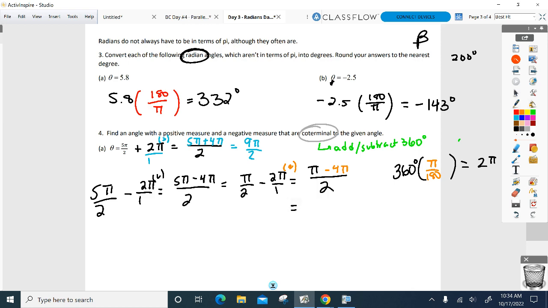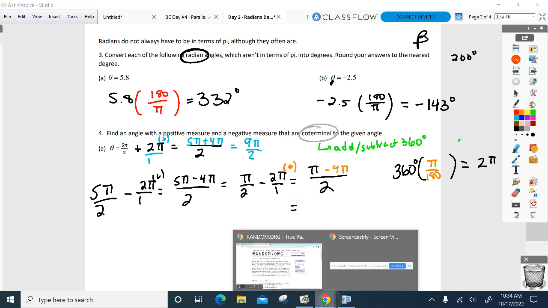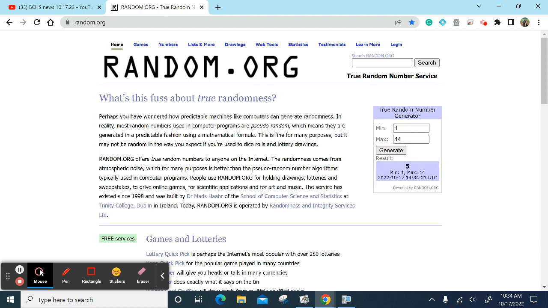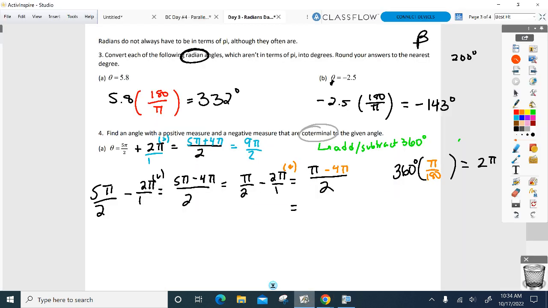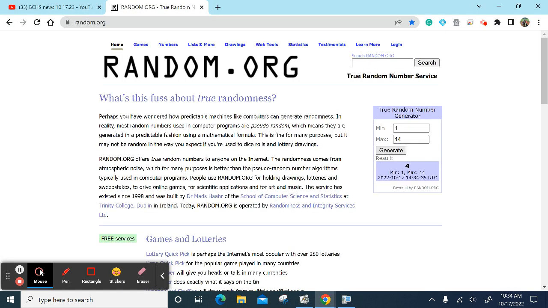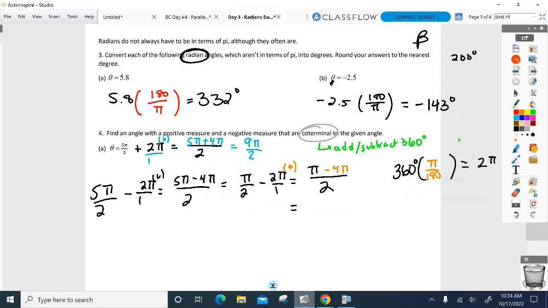So what's the negative version of 5 pi over 2? What am I going to get on top? How about 4? Yep. There you go. So here was the positive version. Here was the negative version.